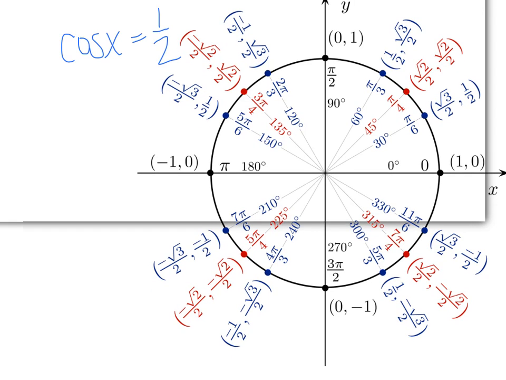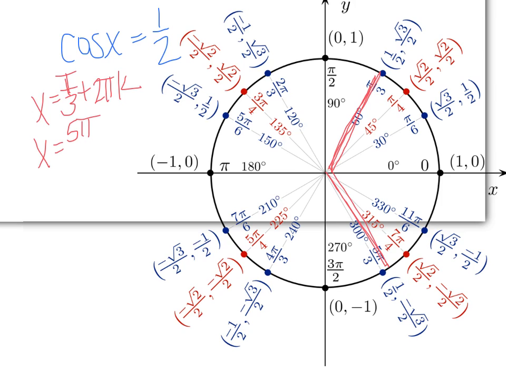Where's my x-coordinate 1/2? It's going to happen right here at pi over 3, and also right here at 5 pi over 3. So you've got two answers. X equals pi over 3 plus 2 pi k, and x equals 5 pi over 3 plus 2 pi k.